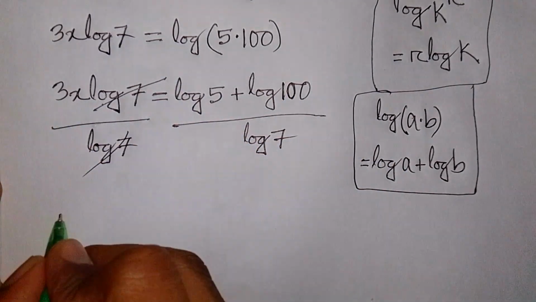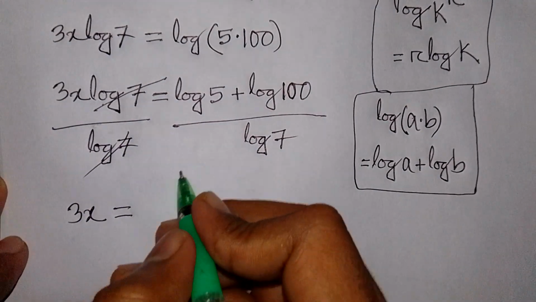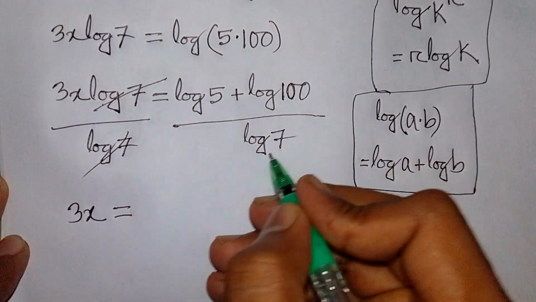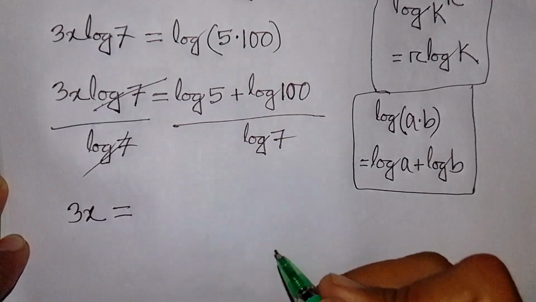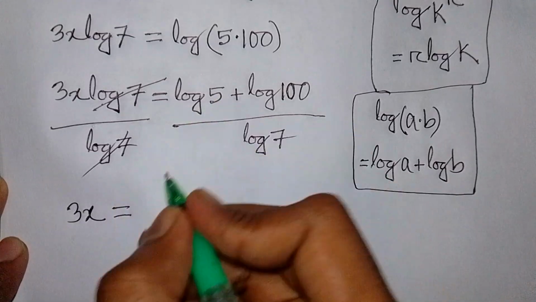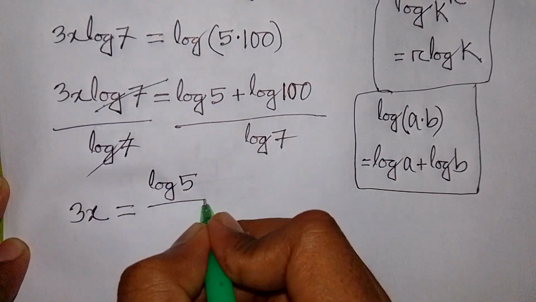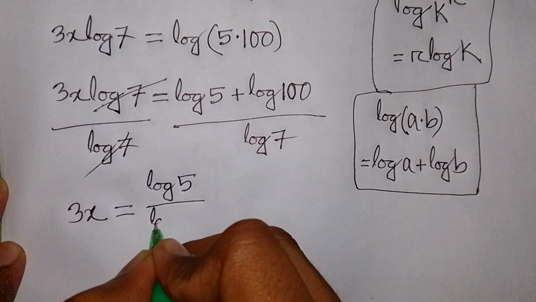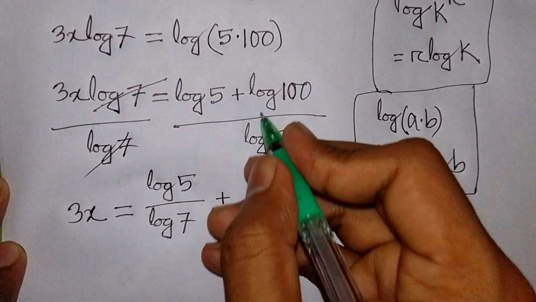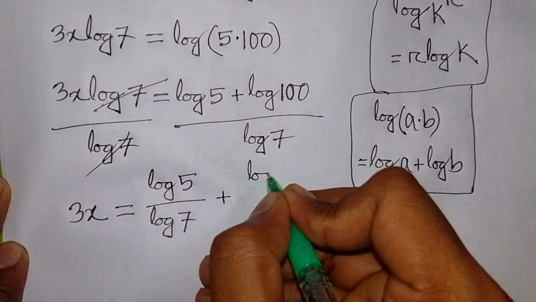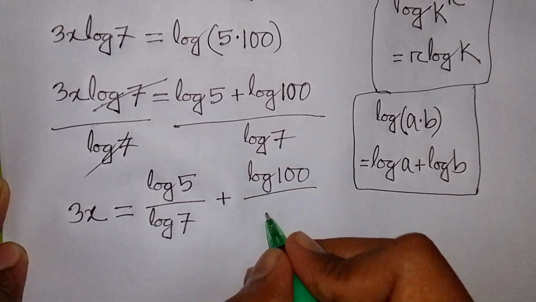So here 3x will be equal to this part over log 7 plus this part over log 7. So here log 5 over log 7 plus log 100 over log 7.